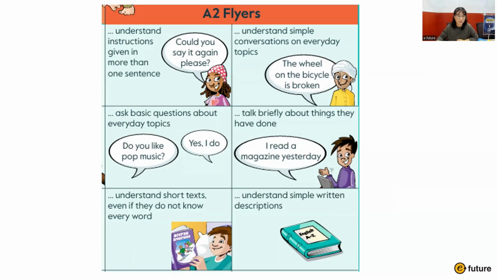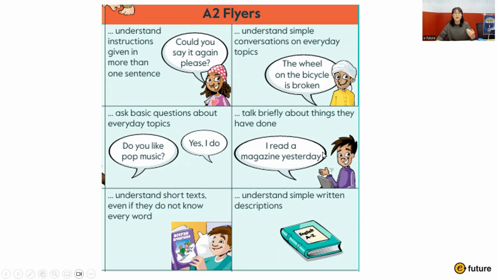So A2 level: understand instructions given in more than one sentence. Understand simple conversations on everyday topics. Ask basic questions about everyday topics. Talk briefly about things that they have done. And understand short texts, even if they do not know every word. Understand simple written descriptions.